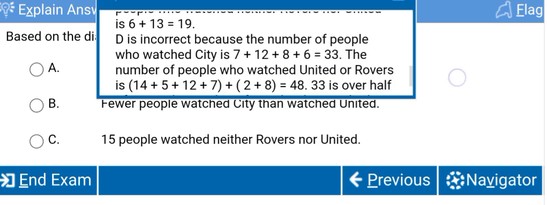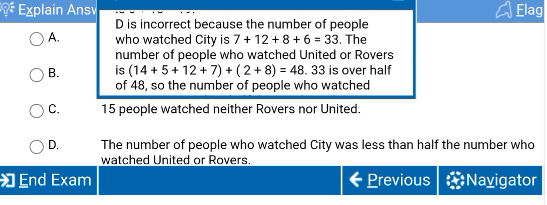And D is incorrect because the number of people who watched City is 7 plus 12 plus 8 plus 6 equals 33. So the number of people who watched United or Rovers is 4 plus 5 plus 12 plus 7 plus 2 plus 8 equals 48. So 33 is over half of 48.